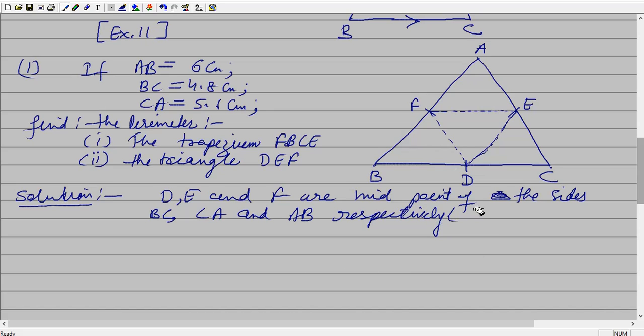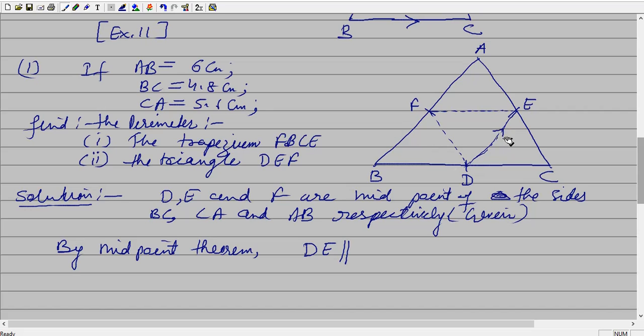So you can say it is given, and after that say by the midpoint theorem, you can say DE is parallel to AB. Concentrate on the very first side.